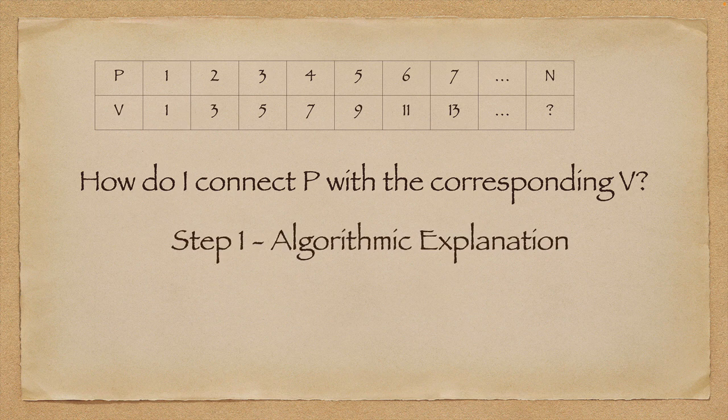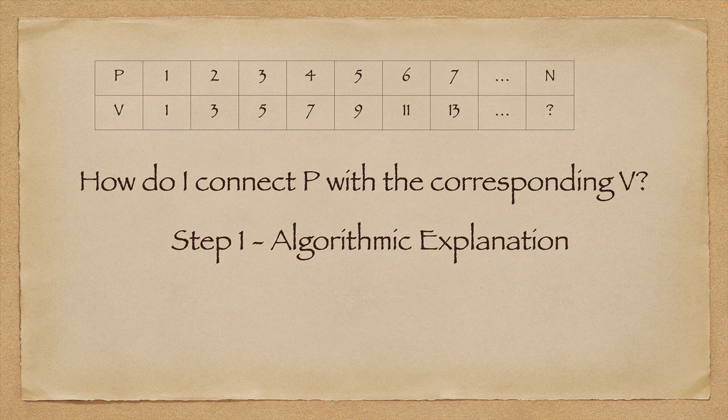Like in this case, I would say whatever is the position, I double it and then subtract 1. So for 7, twice 7 would be 14, minus 1 would be 13. 13 would be the value. Now, if you remember this algorithm and somebody asks you what's the 100th odd number, it's quite easy. I double 100, I get 200, minus 1 is 199. If somebody were to ask any such crazy number like 437, you would still apply the same algorithm: double the number, subtract 1, and that would be the value.